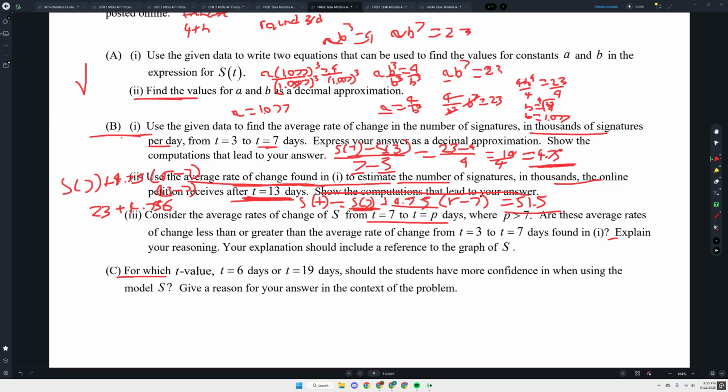It should include the average rate of change, and C should say how you should have less confidence when extrapolating. So yeah, they would accept the word extrapolate. I would say just say extrapolating outside the data set and average rate of change. You don't know how the data values are changing. It's a very good word. Recommend taking stats if you like that word. Any questions on FRQ 2?